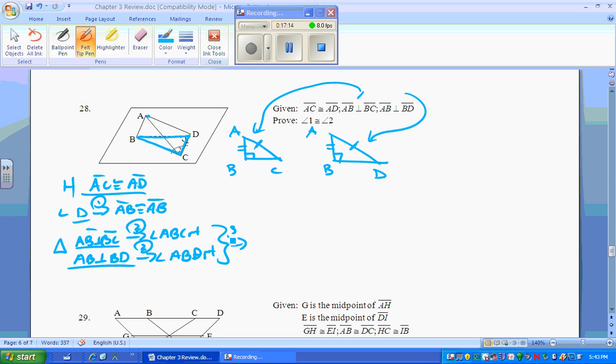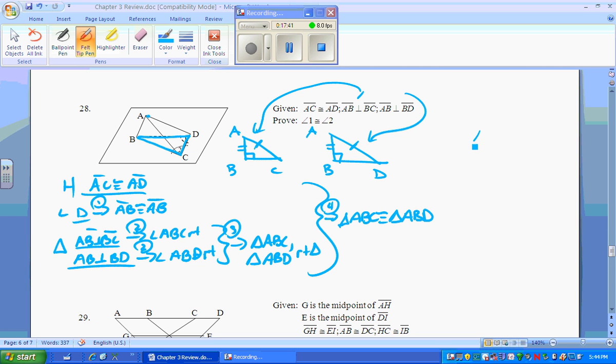We can use HL, so then we can say that triangle ABC and triangle ABD are right triangles, which then means that triangle ABC is congruent to triangle ABD. Now, what do we use for CPCTC? Angles 1 and 2 are on the base.